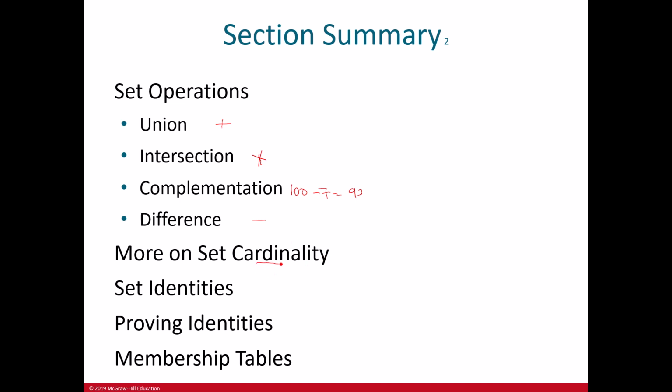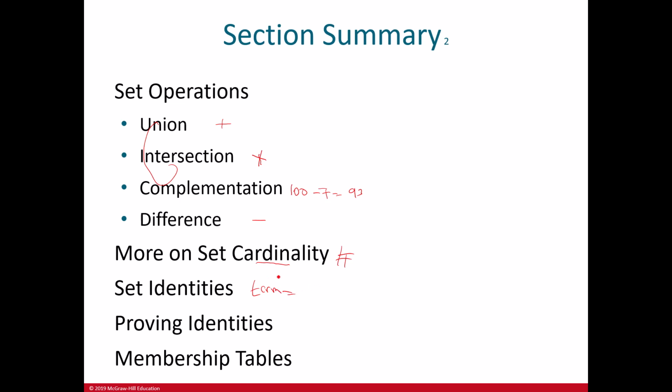Last time also we talked about cardinality. We're just talking about the number of elements in a set. So we're gonna do more on that, and then we'll talk about identity. What that means is, given some term involving these operations, when that term is equal to some other term.